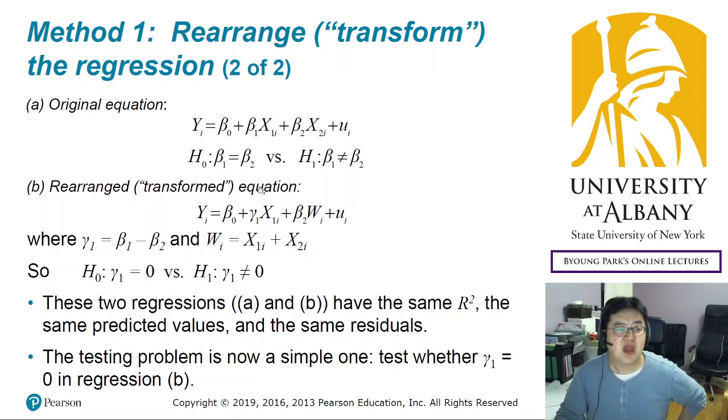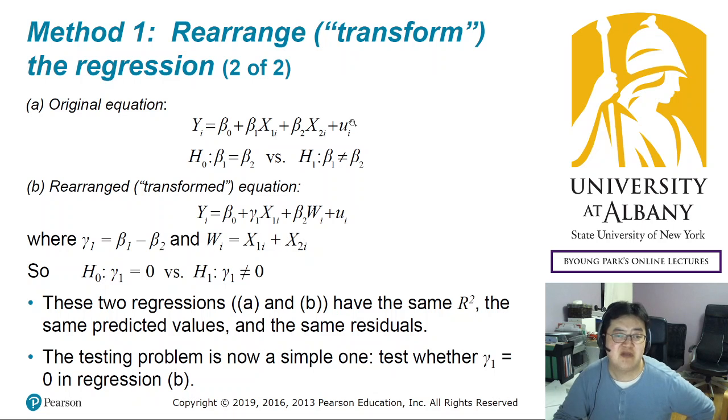If you estimate both models, literally they are the same thing. The only difference is these two terms. When you compare the results from these two regression equations, their R-square must be the same, their predicted y values must be the same, and their residual distributions must be the same.